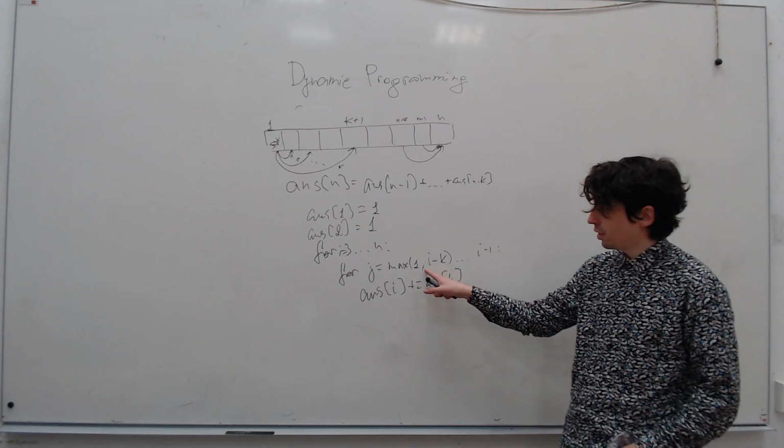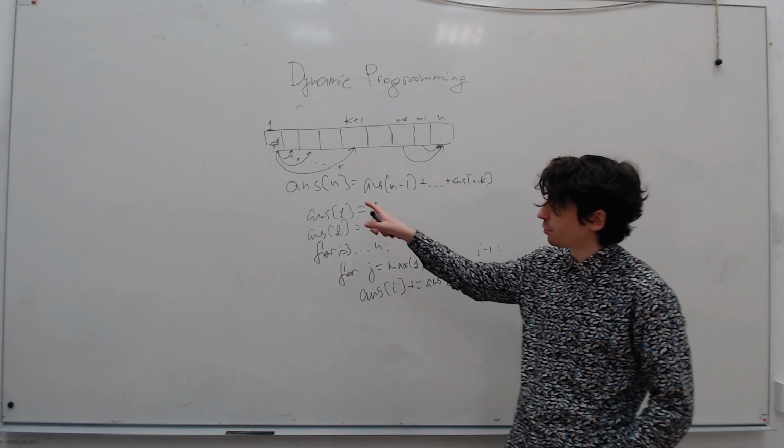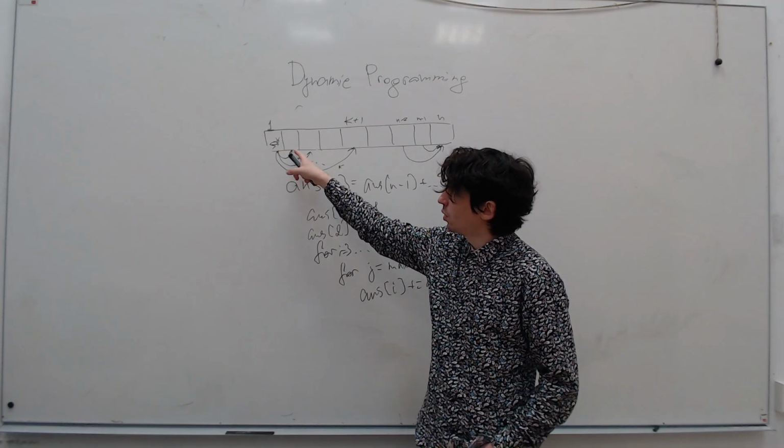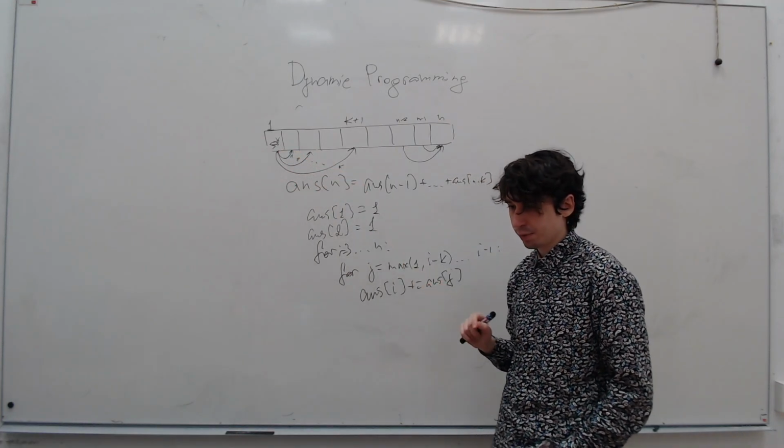Okay, so we simply go from there. So for example, for 3, there will be 2 ways, one from 1 and one from the second position.